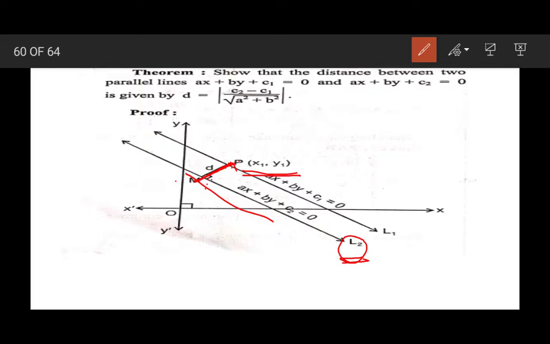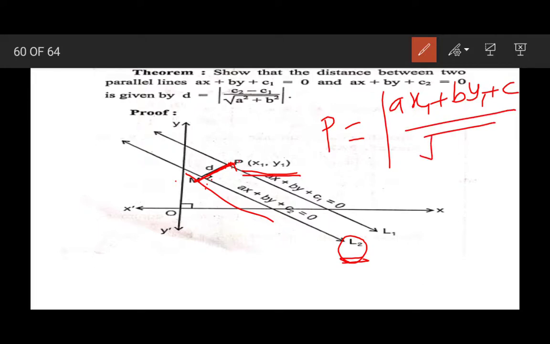Previous concept, right? The previous formula was p is equal to mod of Ax1 plus By1 plus C upon under root of A square plus B square. This is the concept. So in place of Ax plus By plus C, here the equation has C2, so it will be C2.